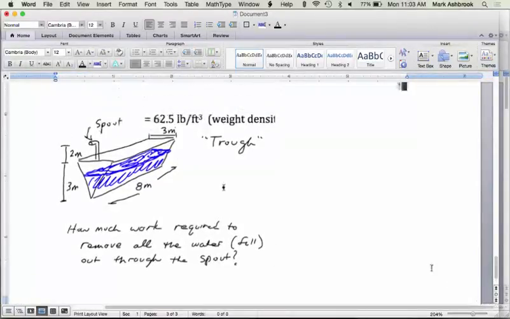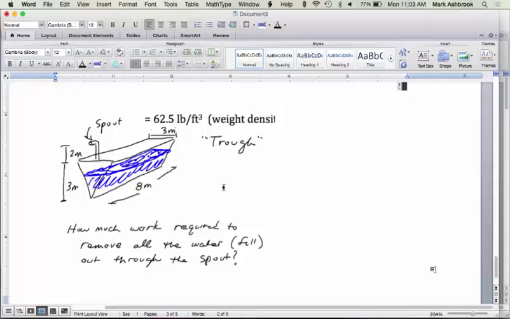It's good. So we've got a trough. A trough is like what animals drink out of. Long. All right, and it's got a spout. It's triangular in shape, like this.